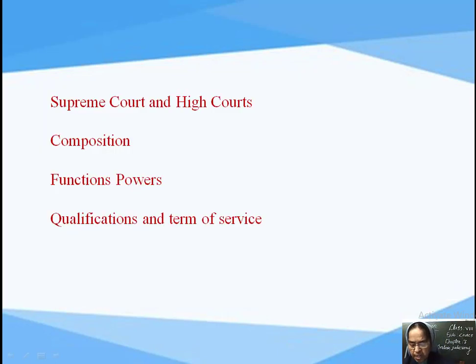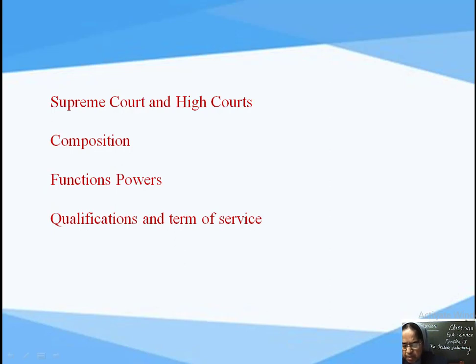Supreme Court and High Courts. Composition of the Supreme Court and High Court. The Supreme Court is headed by the Chief Justice of India. It can have a maximum of 30 other judges.